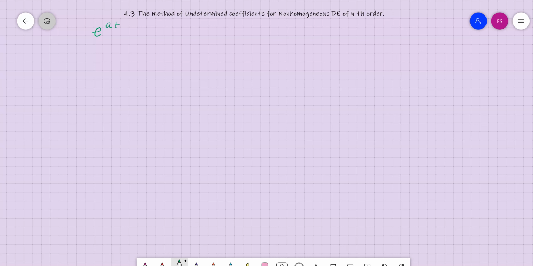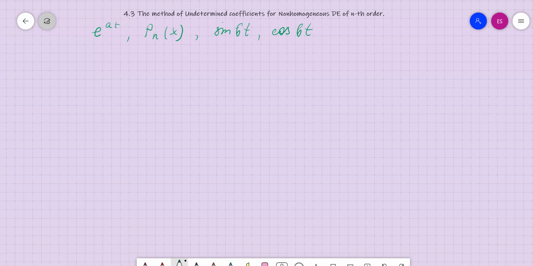So an exponential function on the right side, non-homogeneous, right? We can use it for polynomials of nth degree. We can also consider sine of bt and cosine of bt, right? So we also can combine these functions either by two or all three of them together.